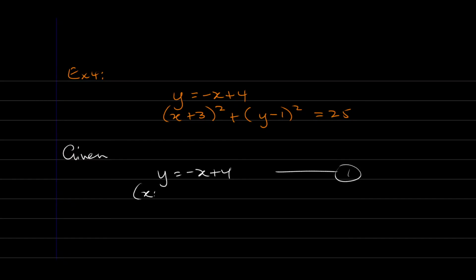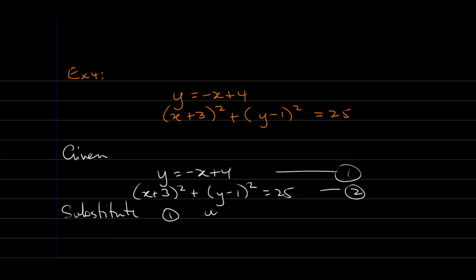And then we have (x plus 3) squared plus (y minus 1) squared equal 25. This is equation 2. And we can say substitute 1 into 2. So we're going to take this here and replace this y.